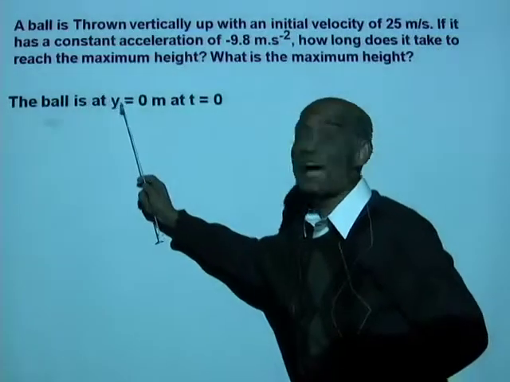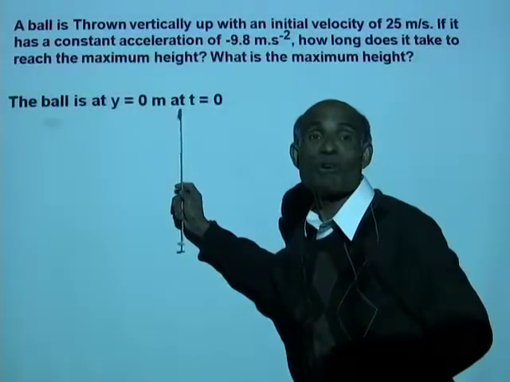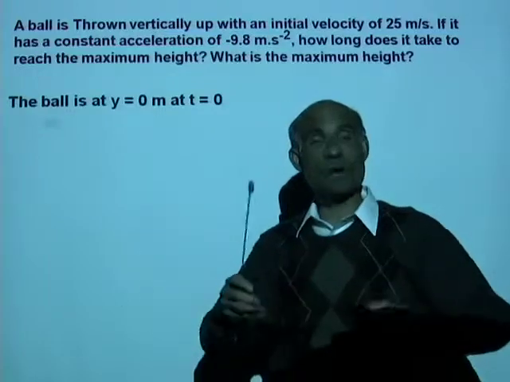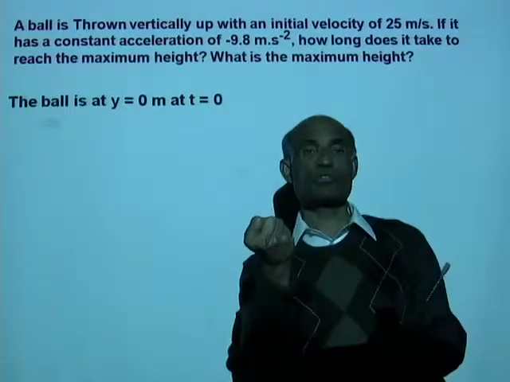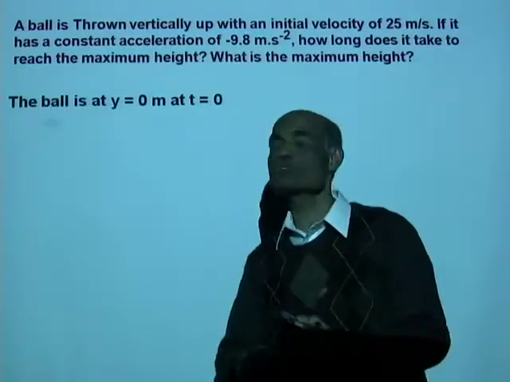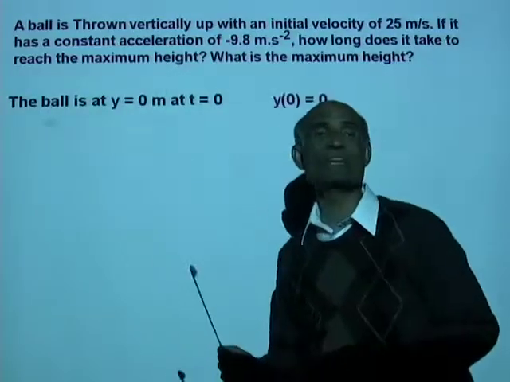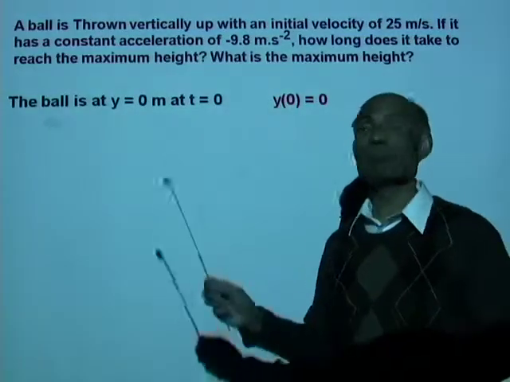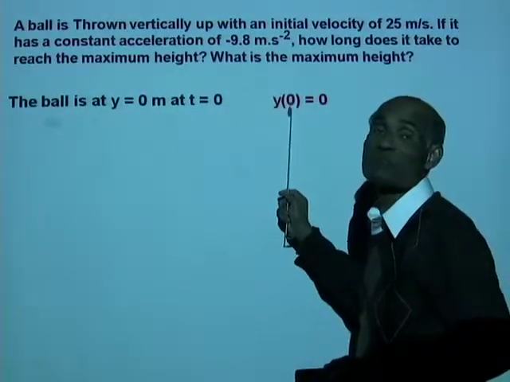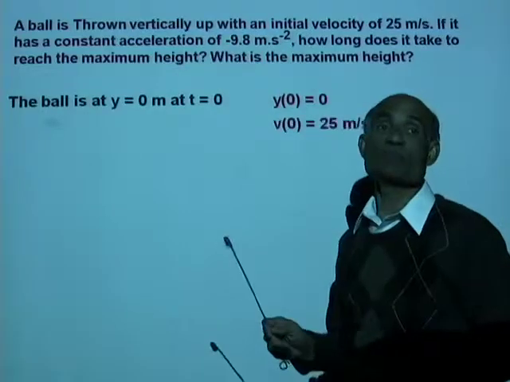The ball is at y equal to 0, at t equal to 0. You are standing at the origin and ready to throw the ball up. That means at t equal to 0, the ball is at y equal to 0. So we have y0 equal to 0.